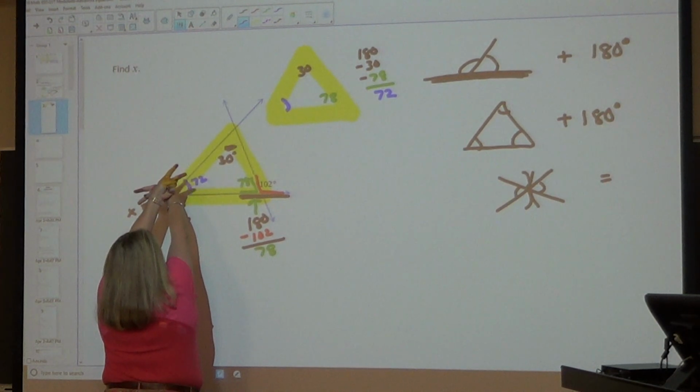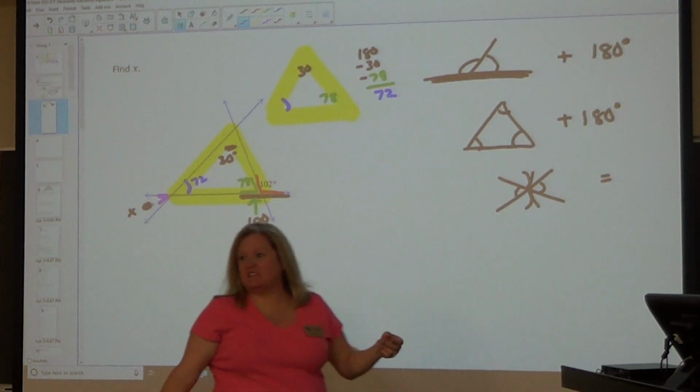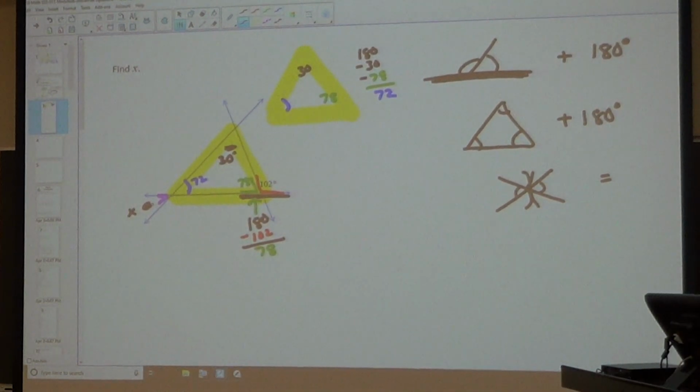But these make that butterfly, which means they're equal. Good job, Randy. So if I draw, see your butterfly wings? So X is going to be 72 degrees. Okay. We good? Let's go to another one.